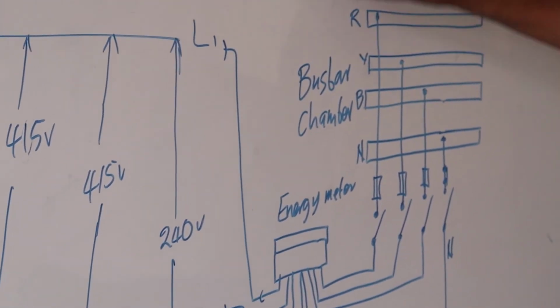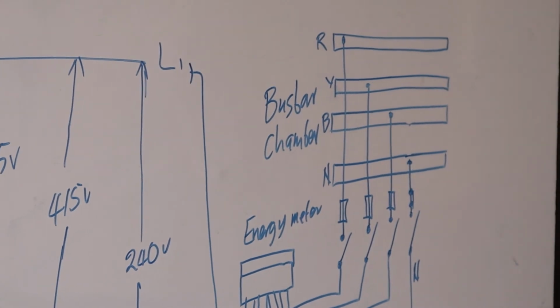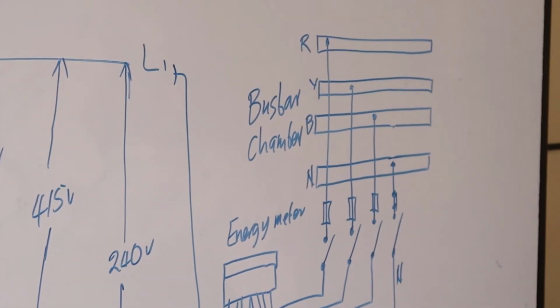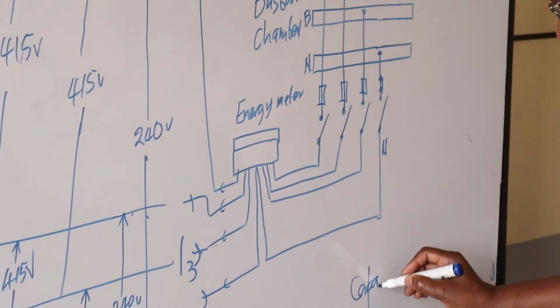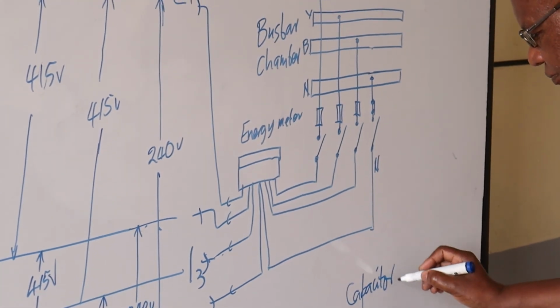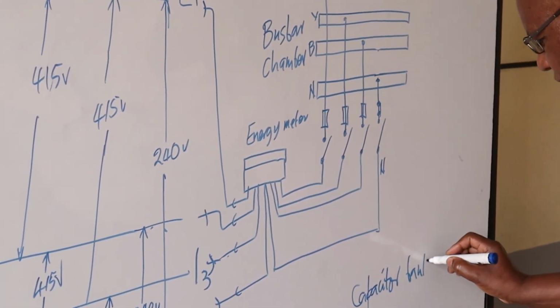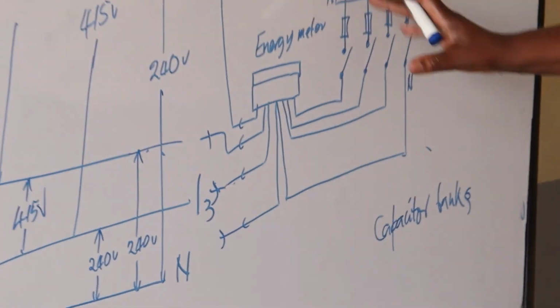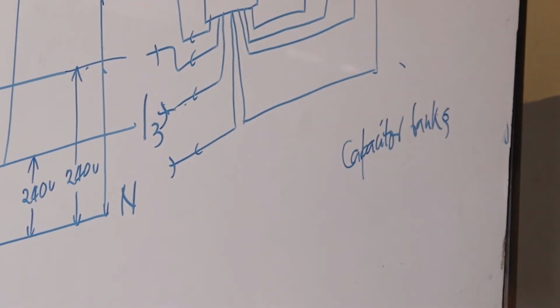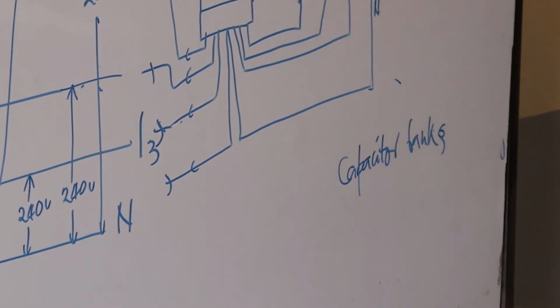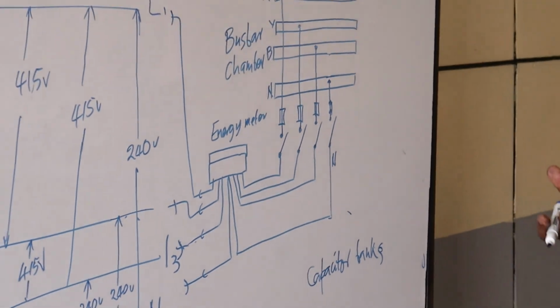Now, in this bus bar chamber here, sometimes we can have capacitor banks for power factor correction. Remember here, we'll be connecting motors, inductors, they will introduce a lagging power factor.